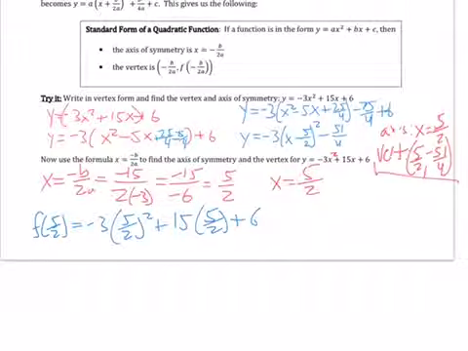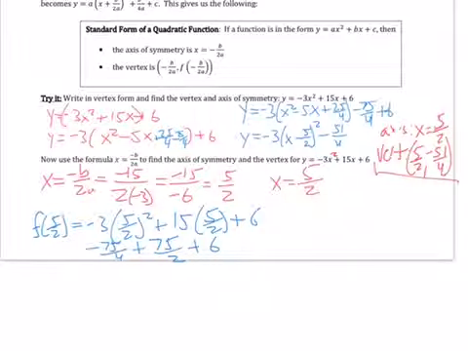Oh boy, lots of fractions here. Well, we have 25 fourths times negative 3. That looks familiar. That's negative 75 fourths. And here we have 15 times 5 halves, that's going to be 75 halves, plus 6.